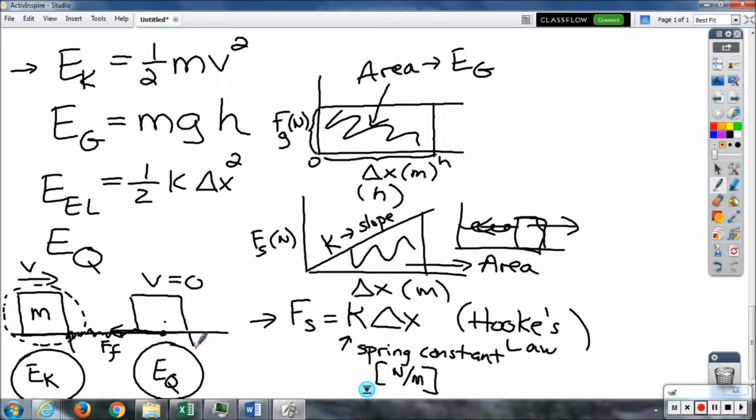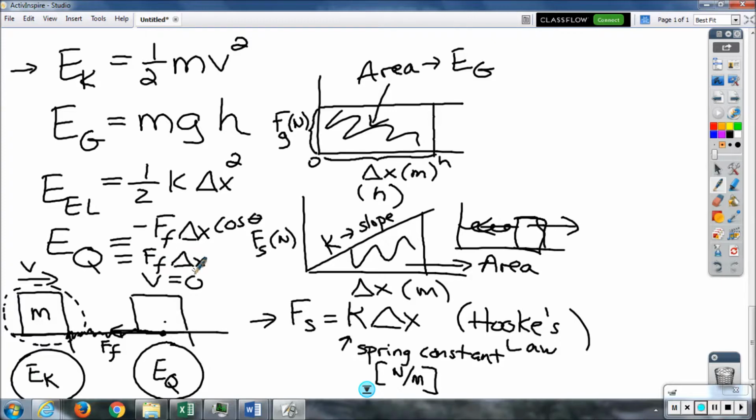Well, since this is equal to the work that was done by friction, and work is F delta X, you'd have negative work, Ff delta x cosine theta, but cosine theta is 180 degrees, so you'd get Ff delta x.